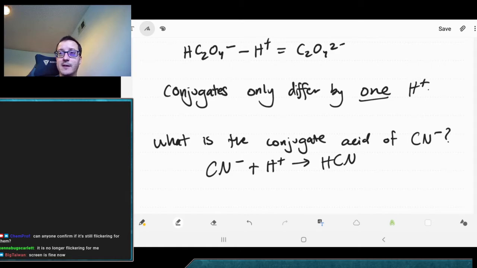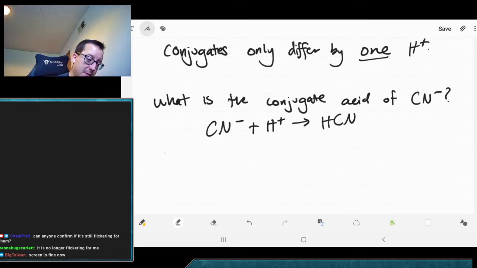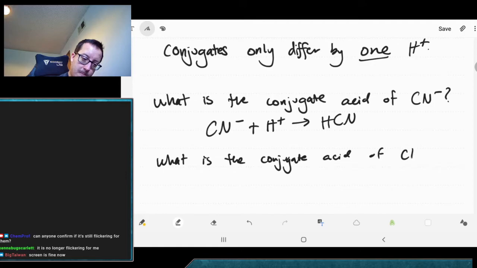We're going to see that very often things containing nitrogen can act as acids and bases. Conjugate acid of the nitrogen-containing species: if I tell you that it's the nitrogen that's going to gain the extra proton, carbons don't ever gain protons, but nitrogens can.